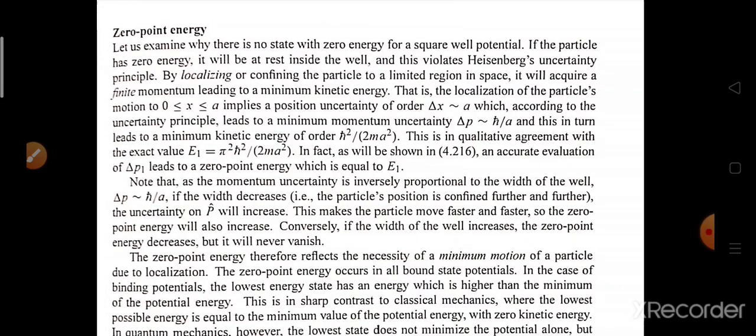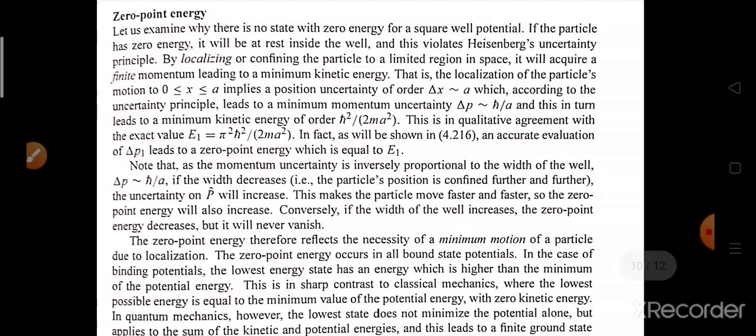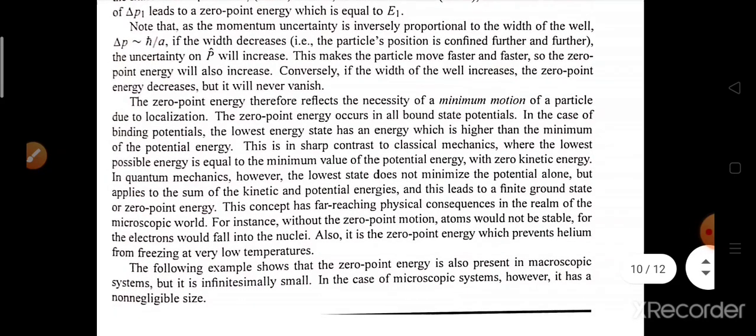If the ground state energy were 0, the particle would be at rest, and then you could find its position exactly and its momentum exactly. But that is not possible, because according to Heisenberg, delta x and delta p must have a minimum uncertainty product of h cross by 2. So a minimum motion of the particle is needed.